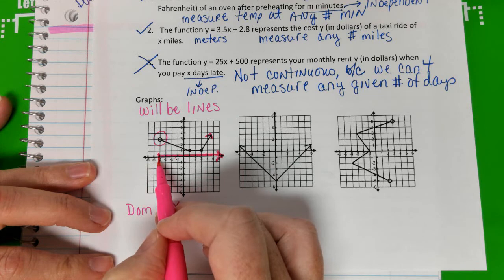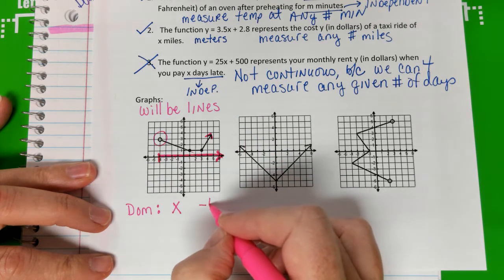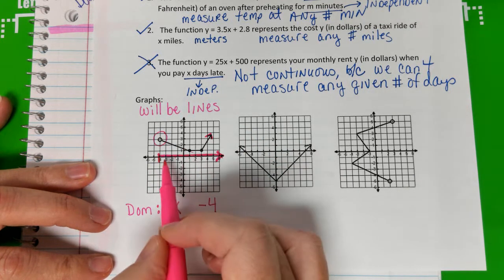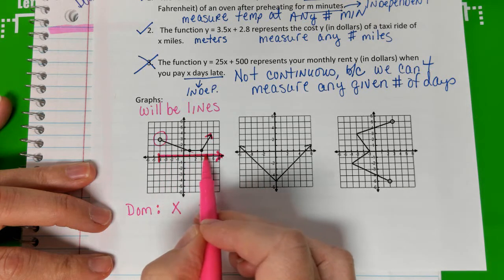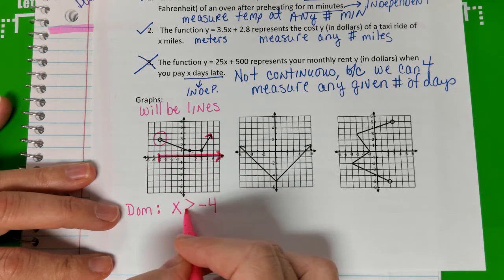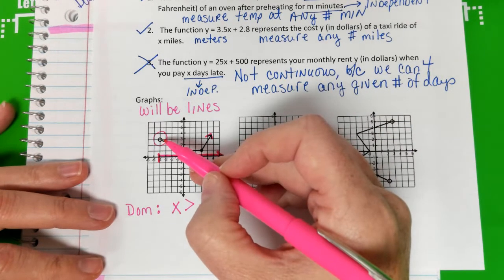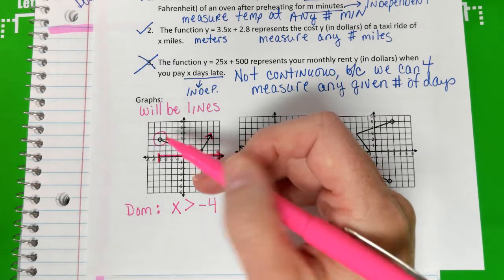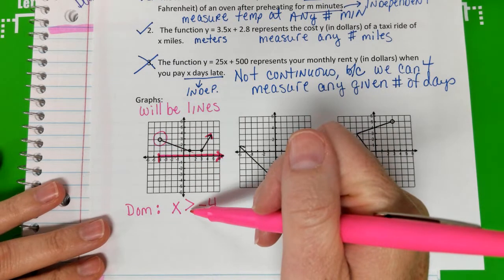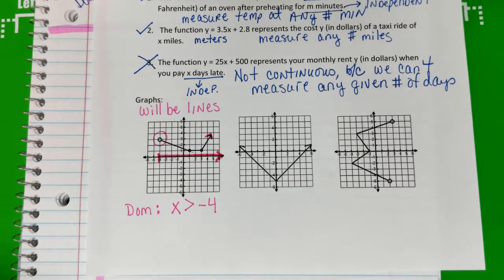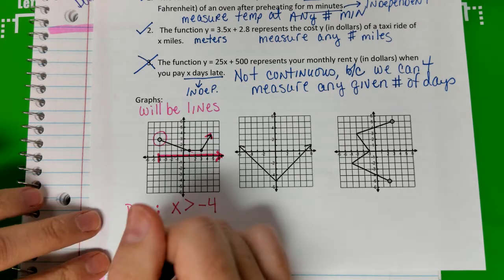X, our endpoint is -4. And so all of these x values are greater than -4. Now we have an open circle. And remember from inequalities, open circle means not equal to, so we wouldn't put an equal to. The domain would simply be x is greater than -4.